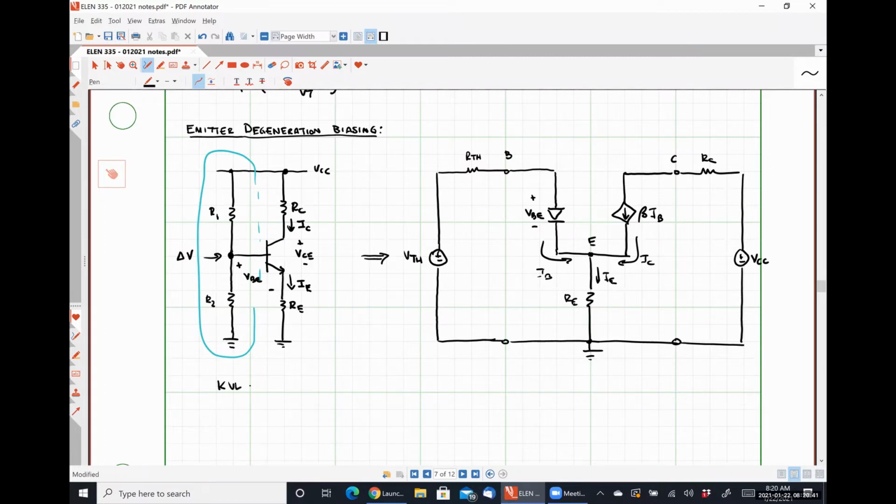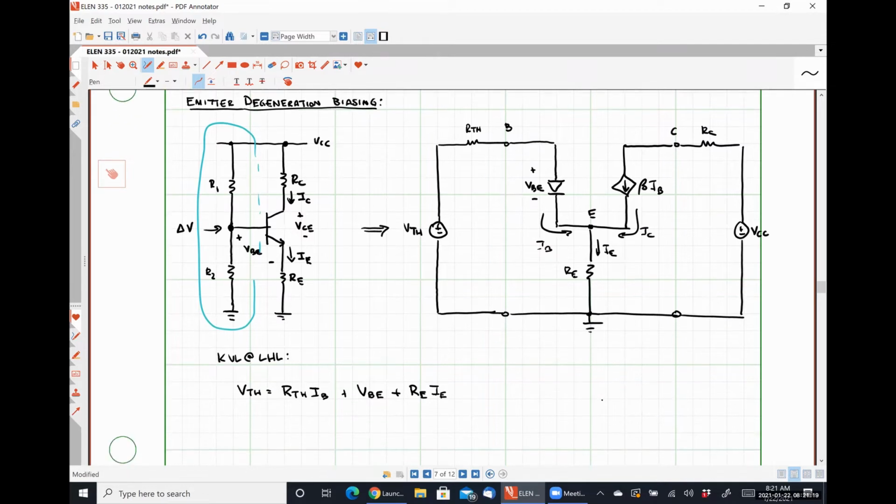so this is KVL at the left-hand loop, I get VTH is equal to the Thevenin resistance RTH times my base current IB plus VBE, the voltage drop over my base emitter junction, plus RE times IE.